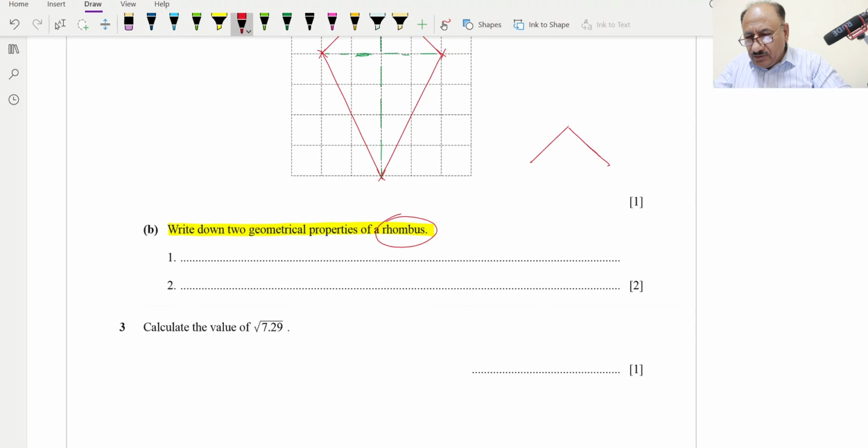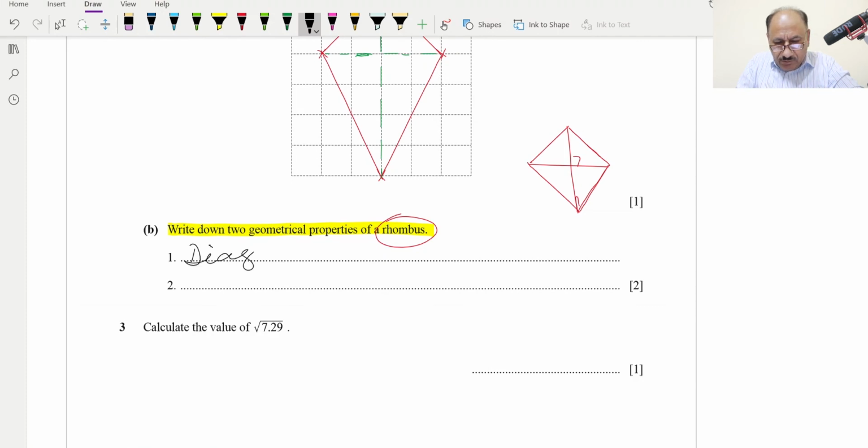Roughly, if I draw a rhombus, it will be like this one, and the diagonals make an angle of 90 degrees. For example, this diagonal and this diagonal should have a 90-degree angle. So we can write down part 1: diagonals having right angles.